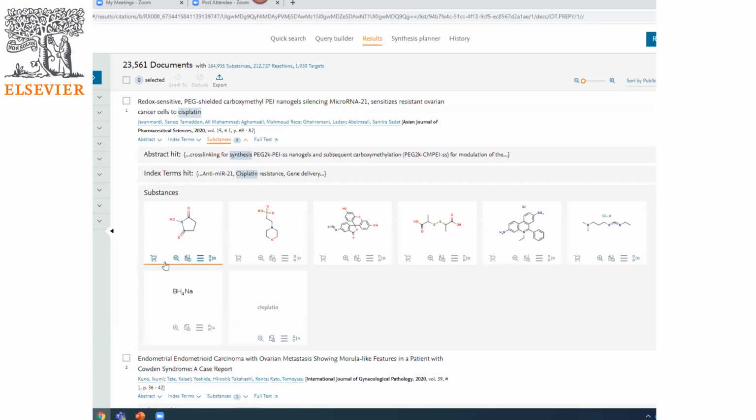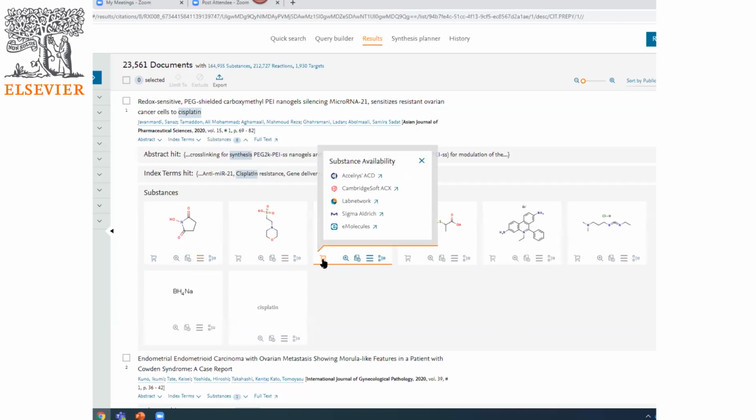Under the substances, you see several icons which are clickable. For example, this icon, view commercial availability, can tell you if these compounds are available from some suppliers. For example, Lab Networks, eMolecules, Sigma Aldrich, or CambridgeSoft.